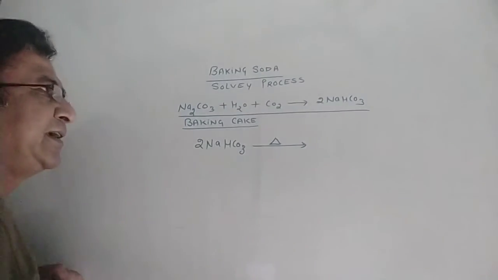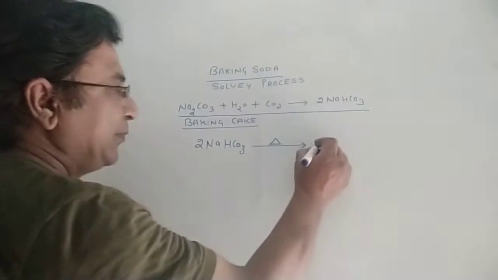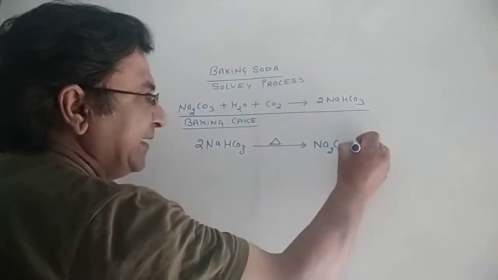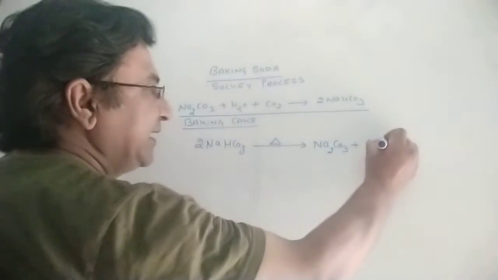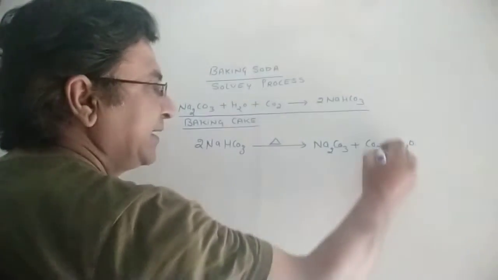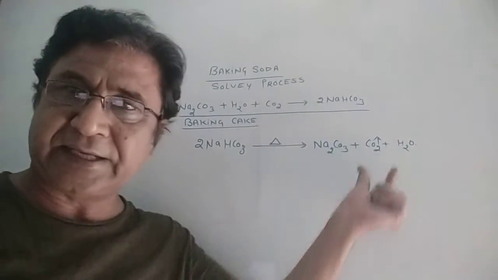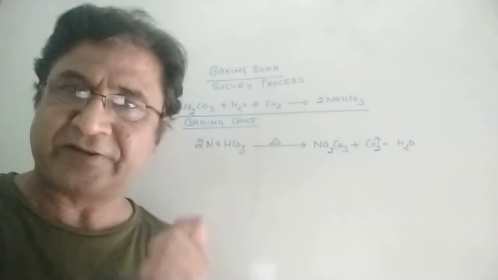Obviously, the cake is also being heated. During that, it breaks up into sodium carbonate again, and it produces carbon dioxide plus water. Correct? This carbon dioxide gas, when it passes through the cake, makes the cake fluffy.